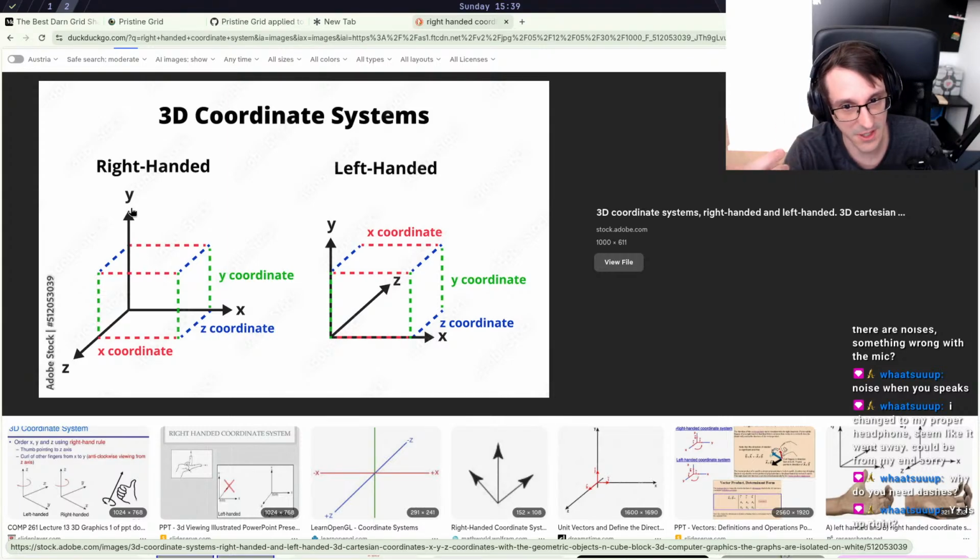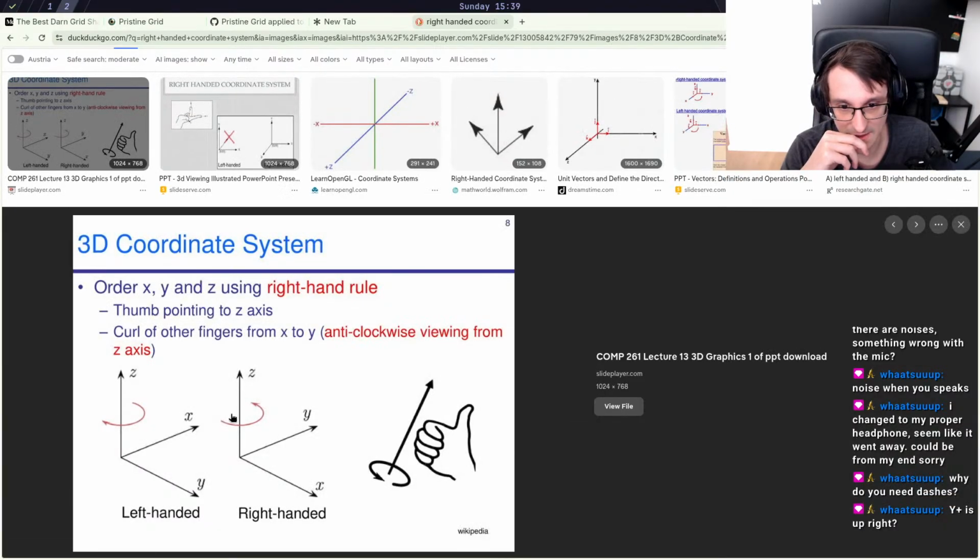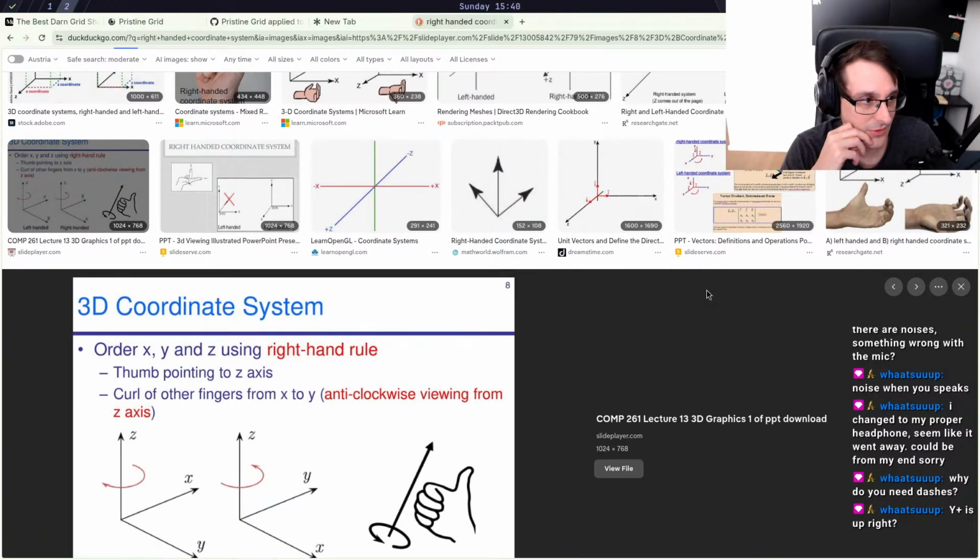So Z would be up and Y would be the forward vector. It would be more like this, right? This is more like what math would be, where the Y and X are on the plane and Z goes up. And I'm wondering if that would make more sense to do, or if that just confuses people.